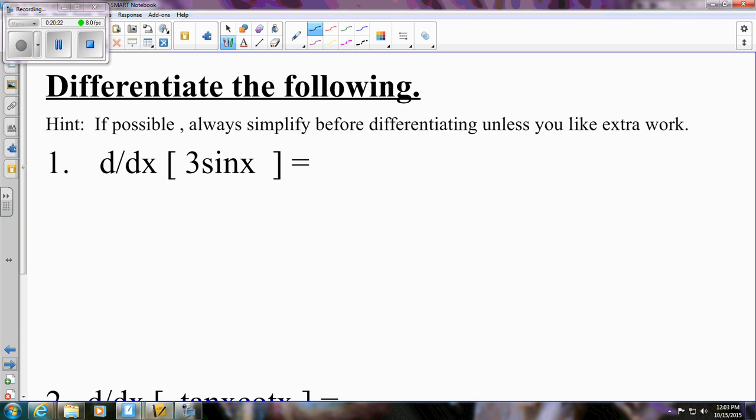What's the derivative, guys, of 3 sine x? 3 cosine x. That's it, right? Because you leave the 3 because it's a constant multiplier. It's not added. It's a 3 times the derivative of sine x. Got it? Now, I do have a little hint here. If possible, always simplify before differentiating unless you like extra work. Okay? So if you don't want to simplify first, you don't have to.